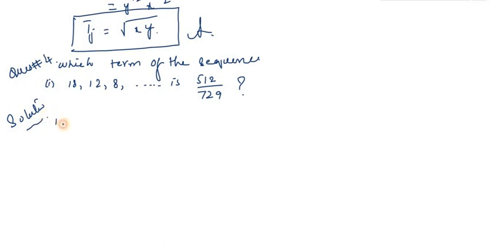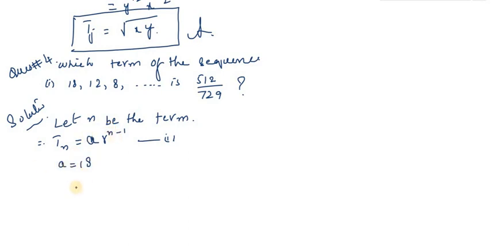Solution. Let n be the term, and we know the general term formula Tn is equal to ar to the power n minus 1. This we say equation number 1. In the given sequence, the first term a is 18 and the ratio is, we find the second term divided by the first term.